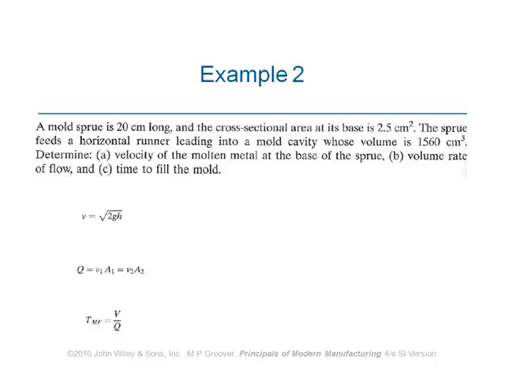There is a relationship between the speed of the molten material in the gating mechanism and also the cross-sectional area of the gating mechanism at different spots. It looks familiar to us, right? Does this equation look familiar to us? Equation number 2. Familiar? Can you say another case where we have a similar equation?